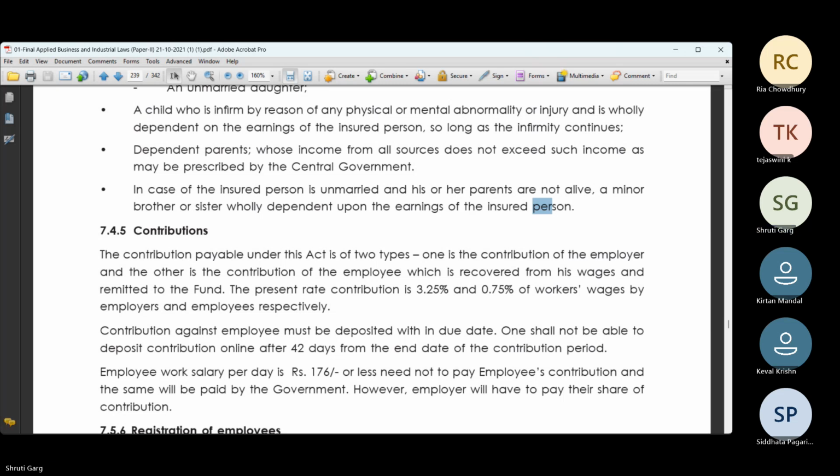Okay. Yes, typing. Wait, I'm waiting, Siddharth. Okay. No, ma'am, no question. Kirtan Mandal is also typing.